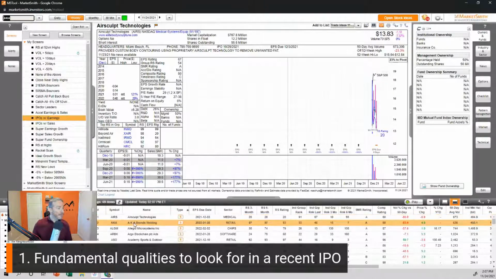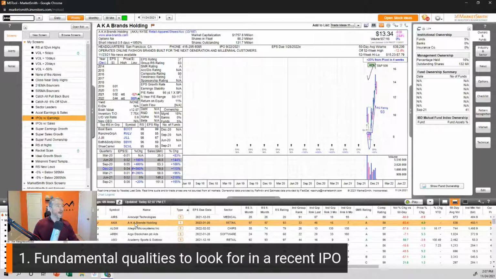Now, here's one that has been on the radar that was on our focus list, and some of our members have been in and kicking ass in, frankly, AKA Brands. You can see here too that the earnings have been triple digits quarter over quarter. One bad quarter in there, so it's interesting that it passed this.